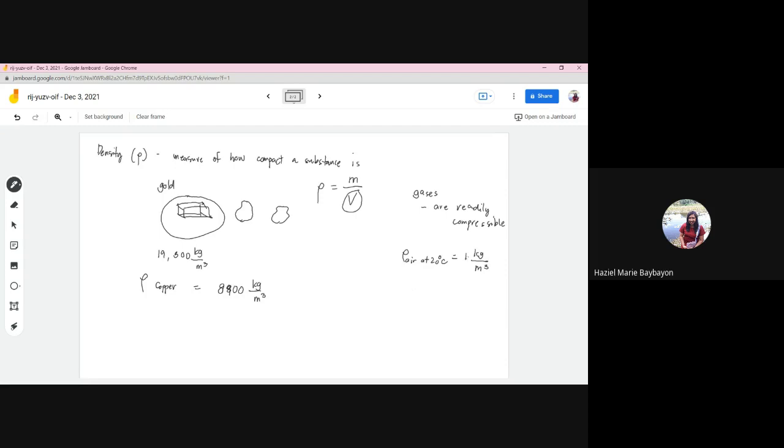Okay, it's 1.01 kilogram per meter cube. So this means if you have a box whose dimension is 1 meter by 1 meter by 1 meter, if you put air in there at 20 degrees Celsius, its mass is 1.01 kilogram.